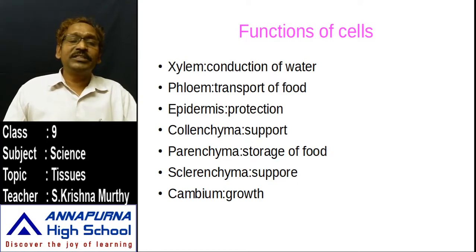What is the major function of xylem and phloem now? The xylem helps for the transportation of water and minerals. Minerals are also needed for the preparation of food material, and the phloem transports the prepared food material all over the body, from tip to tip. So mainly the phloem tissue helps with that.